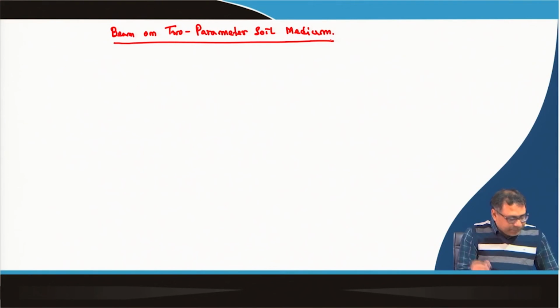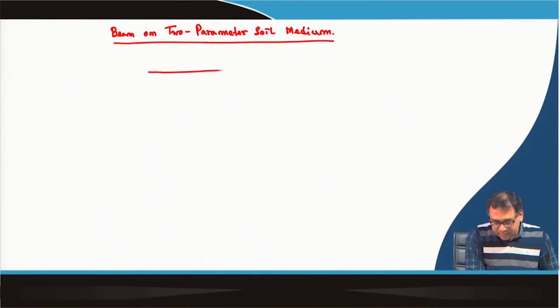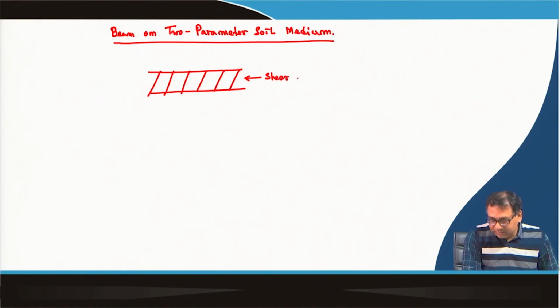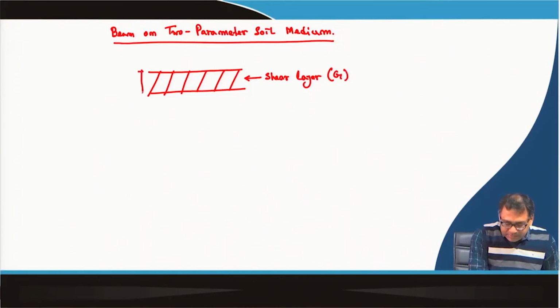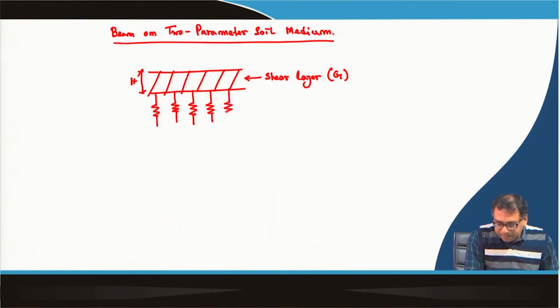So, here we have a two parameter medium. This is the two parameter soil, this is the shear layer with shear modulus G and thickness H, and then the soil is replaced by springs.